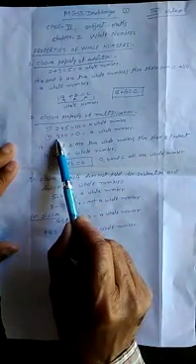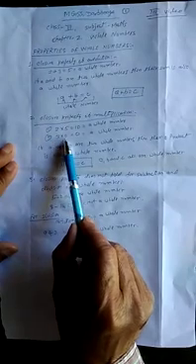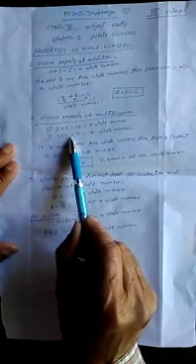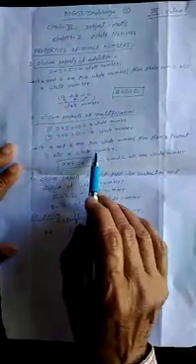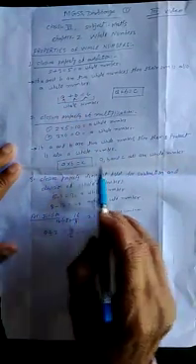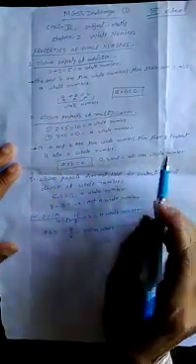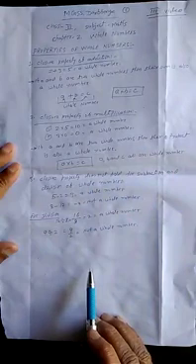In the second example, 3 is a whole number, 0 is a whole number, and their product 0 is also a whole number. In short, if a and b are two whole numbers, then their product is also a whole number. a into b is equal to c, where a, b and c all are whole numbers.